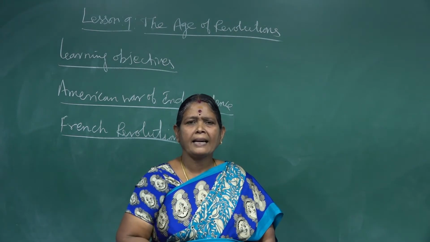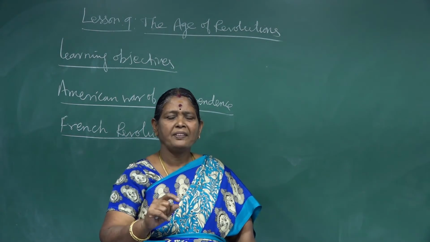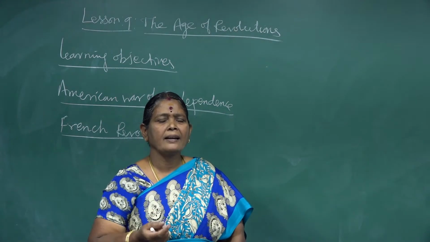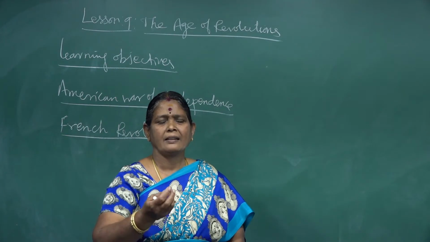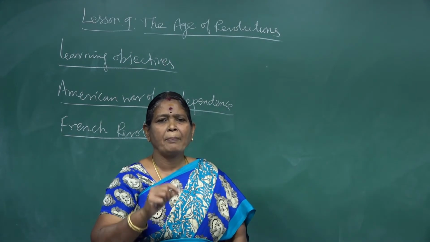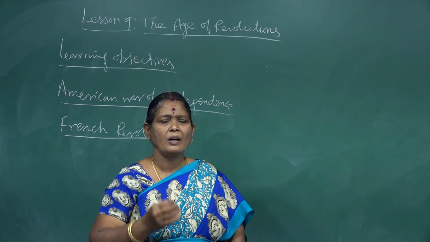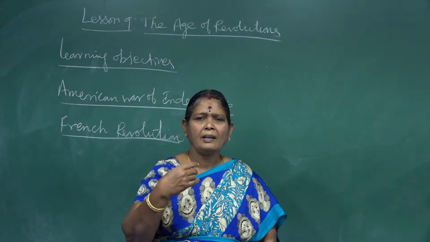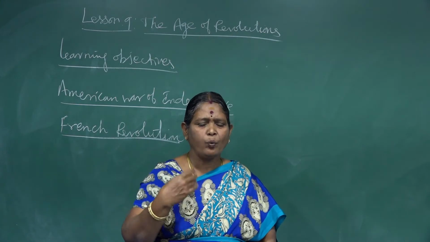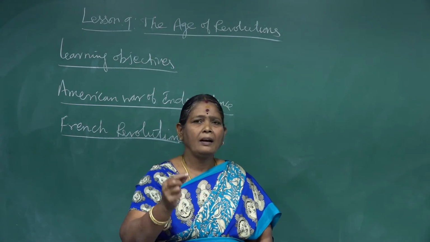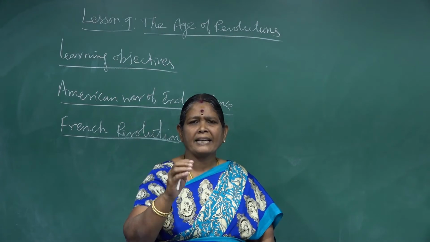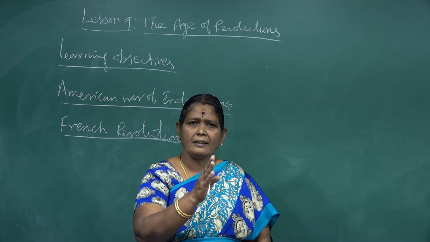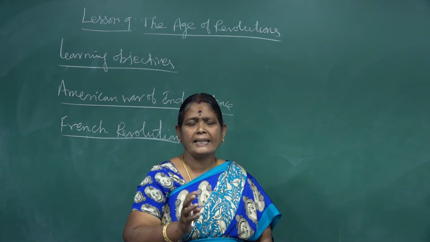In the meantime, the first war arose at Bunker Hill. Where is Bunker Hill? In the Massachusetts colony. The first war was fought there. Nearly 2,200 British soldiers were defeated twice and started to retreat.